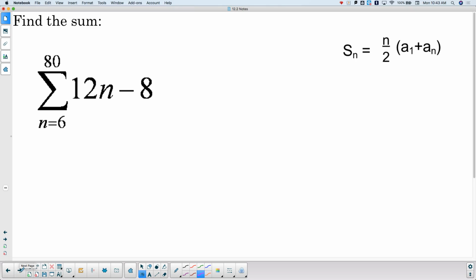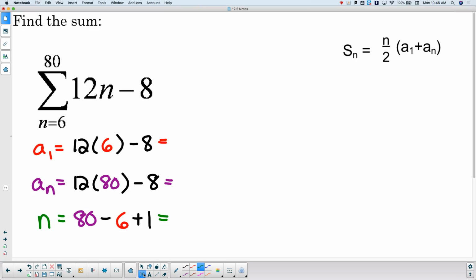Find me the sum of that sigma series. For my first term, I got 64. For my last term, I got 952. And for the total number of terms, I got 75.